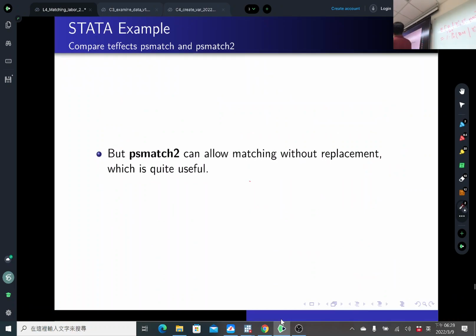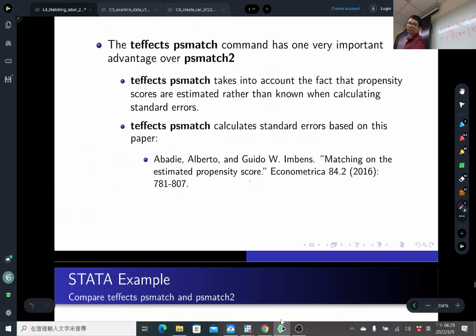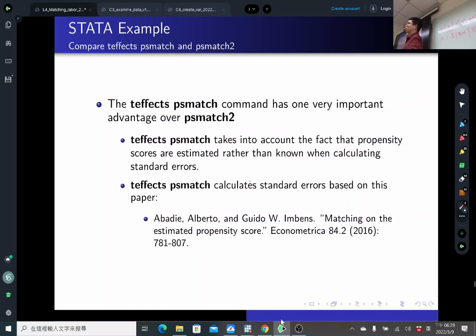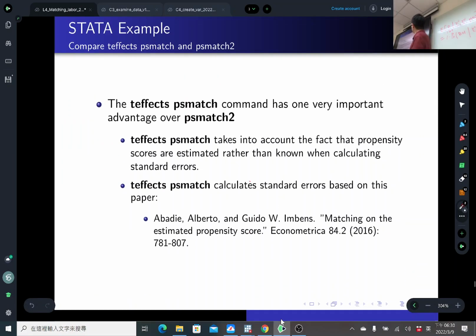But psmatch2 allows you to do the matching without replacement, while teffects can only do matching with replacement. That means teffects will repeatedly use individuals that have been used before. With psmatch2, you can have the option to say I don't want replacement. So they have several differences, but I would say calculating the standard error correctly is more important.